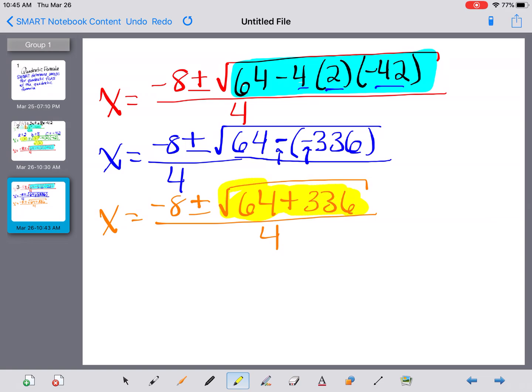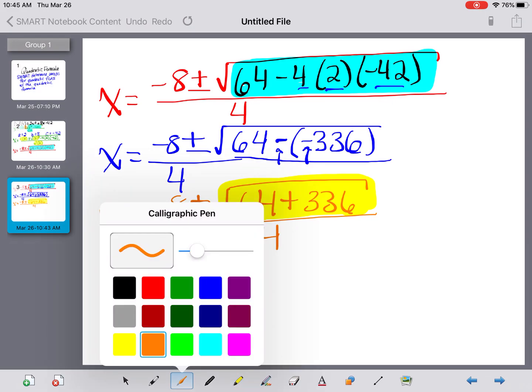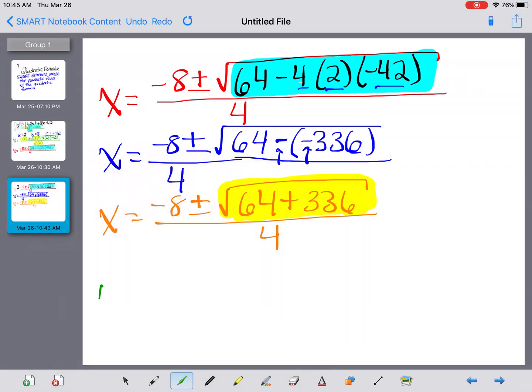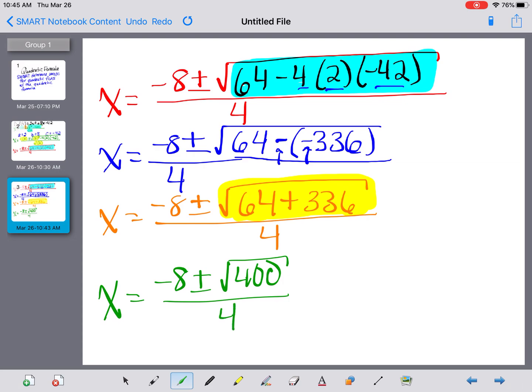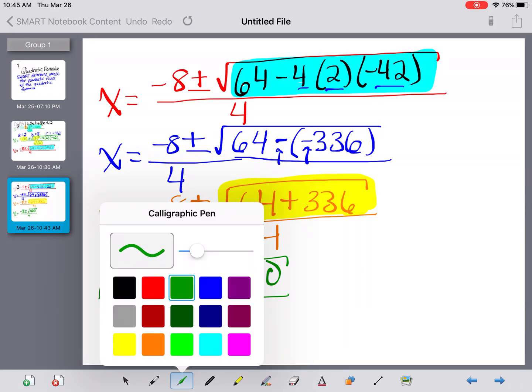Then we can square root it, and then the whole thing turns into one number, and then everything is easy. So let's combine our 64 and our 336, and we'll get 400, and that's a pretty good number. So we get x equals negative 8 plus or minus the square root of 400 divided by 4. All right, so now all we need to do is take the square root of 400 in order to simplify that part down.